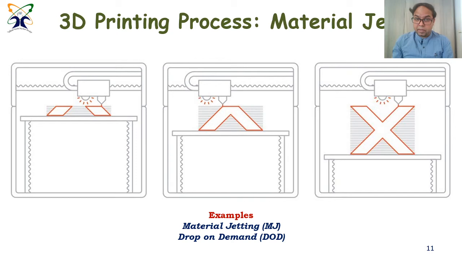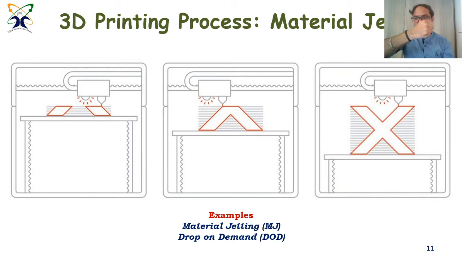There is another method called material jetting, which is a different kind of technique: instead of resin, you put a droplet of a material in a selective deposition. Like you can see here, you use the resin, but instead of resin formation, you put it from outside.